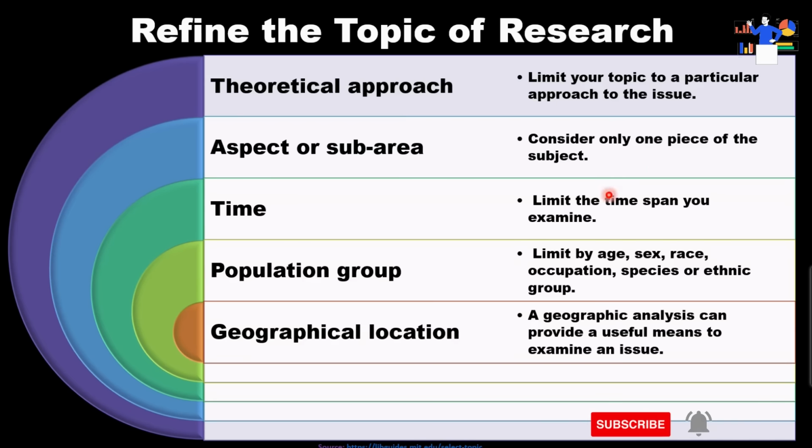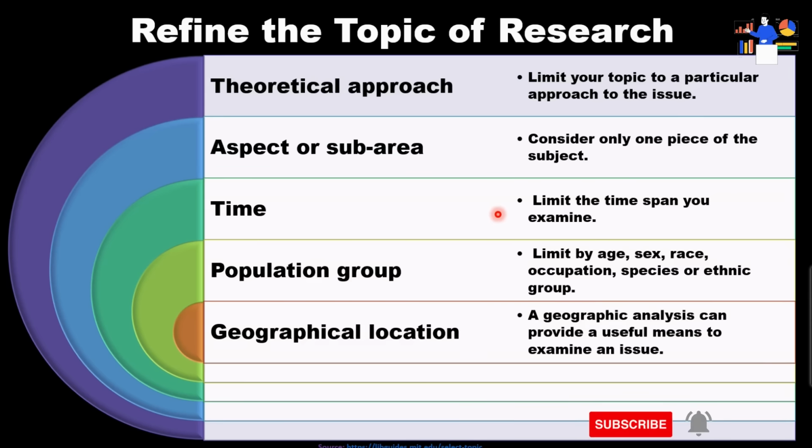You also need to decide about what kind of subject and what kind of aspect or sub area of your research you are going into. Time period is very important. There are two types of time period. One is how much time you need to complete this research, and the next is what is the time period of your study.